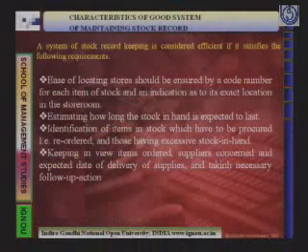Then, estimating how long the stock in hand is expected to last, and identification of items in stock which have to be procured, that is reordered, and those having excessive stock in hand, keeping in view items ordered, suppliers concerned, and expected date of delivery of supplies, and taking necessary follow-up action.